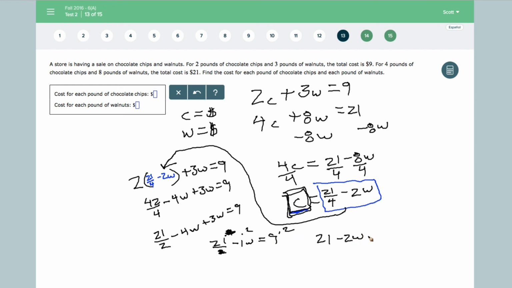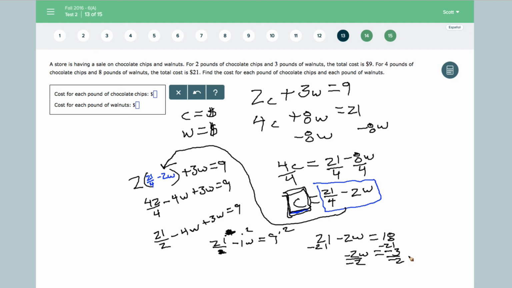And 9 times 2 is 18. So minus 21, minus 21, negative 2w equals negative 3, divided by negative 2, divided by negative 2, and negative 3 divided by negative 2 is 1.5.